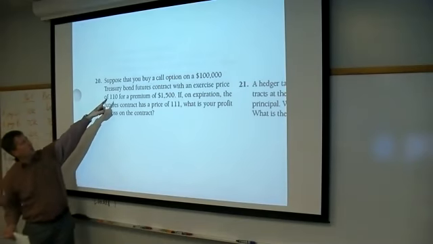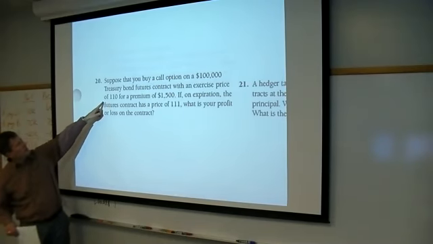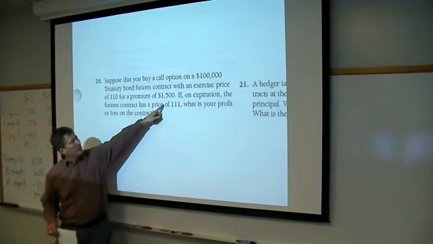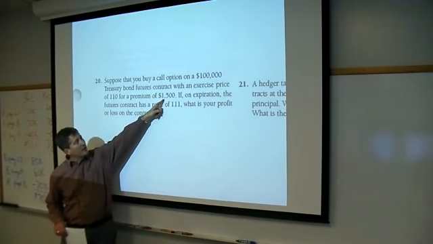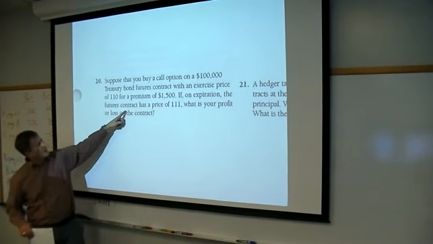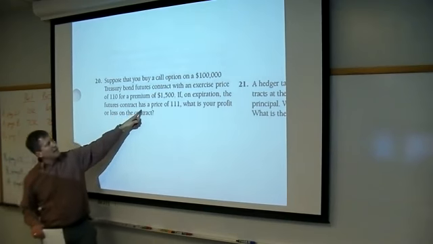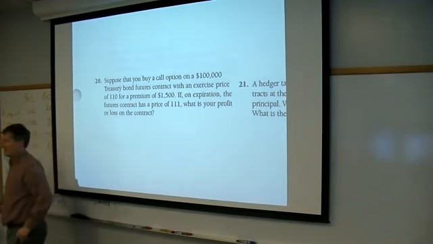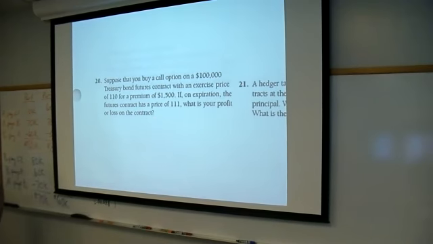So suppose that you buy a call option on a $100,000 treasury bond futures contract with an exercise price of 110. The price of the option was 1,500. If on the expiration date the futures contract has a price of 111, what profit? So first of all, are you going to exercise it? You have the right to buy it at 110, and it went up to 111.